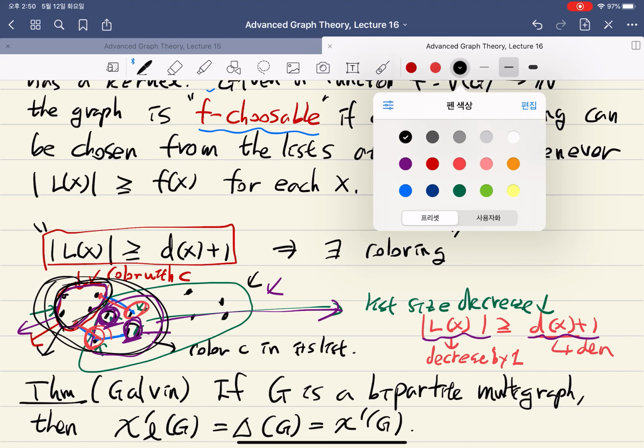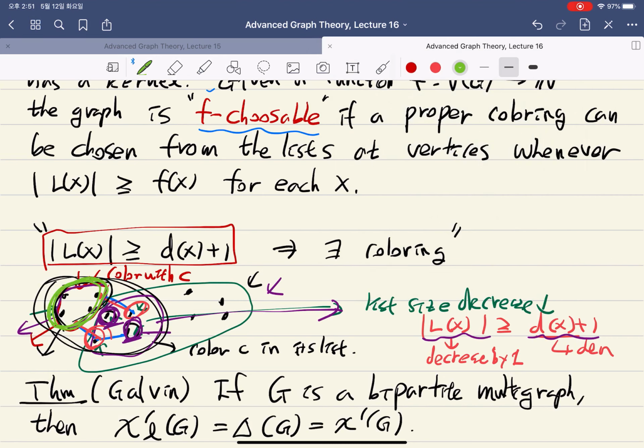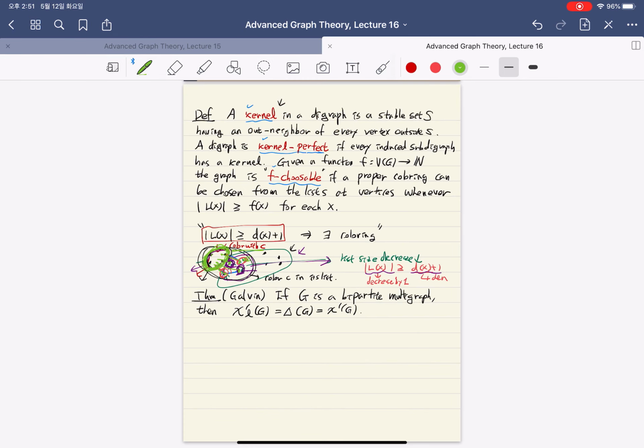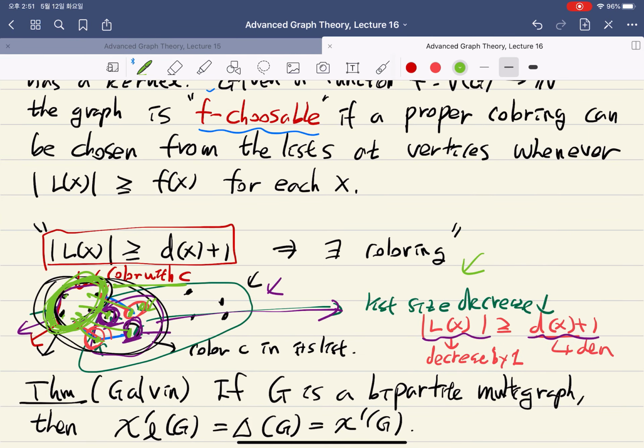So this gives us the idea that when we take this independent set, and we color the vertices with the color C, we get to choose this independent set. When we choose it, we want to choose it so that every vertex which has a color C in its list has a neighbor here. If we can find such an independent set, then we can make this argument work.